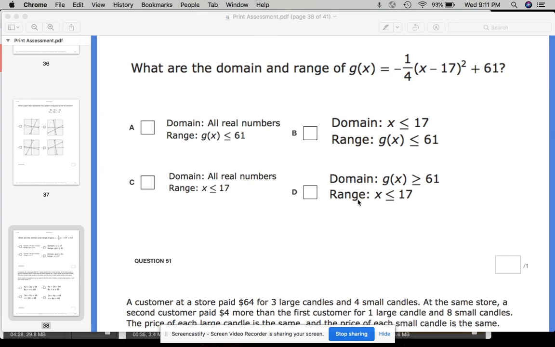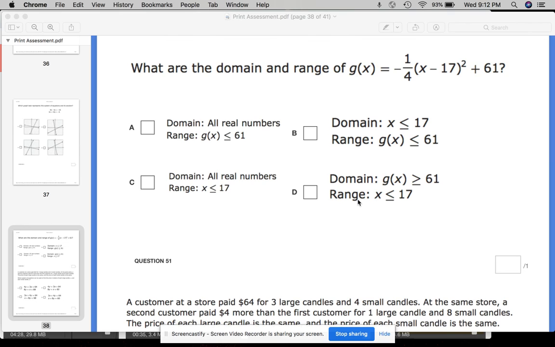Question 50. What are the domain and range of g of x equals negative 1 over 4 (x minus 17) exponent 2 plus 61? A. Domain, all real numbers. Range, g of x less than or equal to 61. B. Domain, x less than or equal to 17.